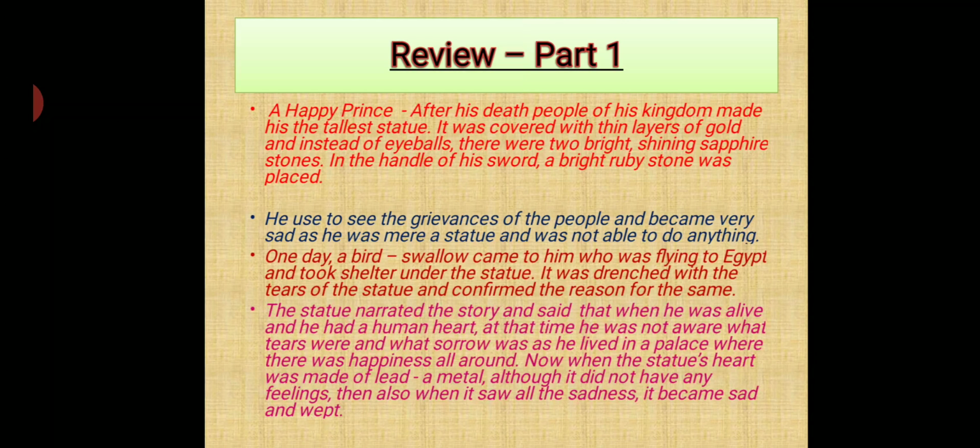At that time, he was not aware what tears were and what sorrow was, as he lived in a palace where there was happiness all around. Now, when the statue's heart was made of lead, a metal, although it did not have any feelings, then also when it saw all the sadness, it became sad and wept.